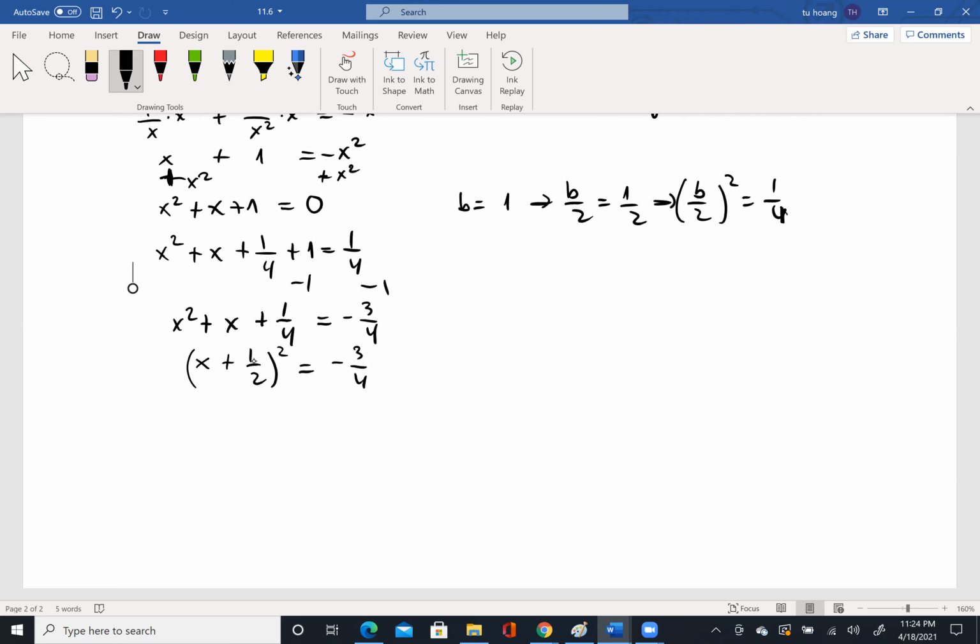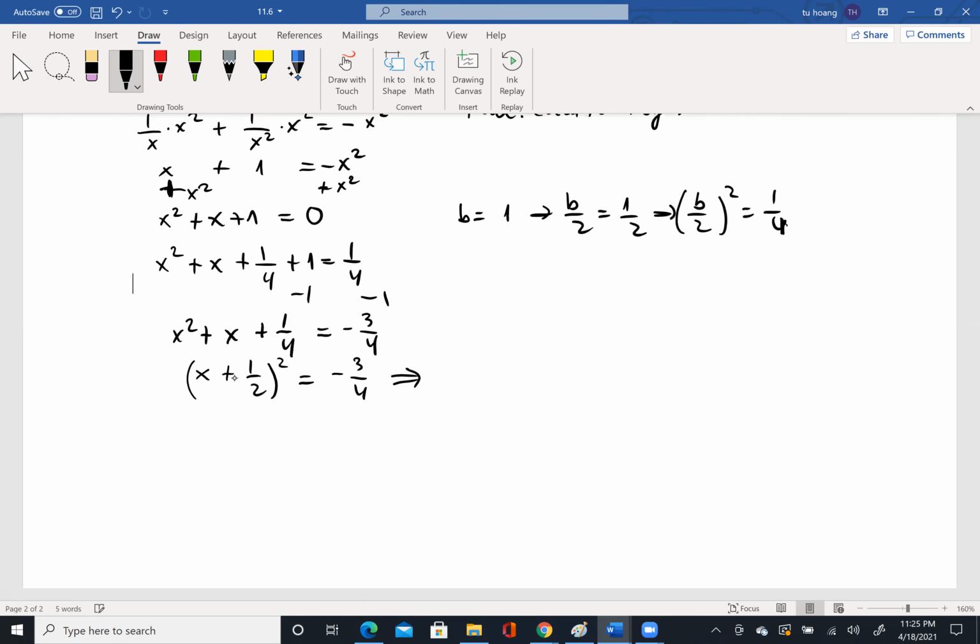And now I can just apply the square root. I have x plus 1/2 equals plus and minus the square root of negative 3/4, which gives me x equals -1/2 plus and minus square root of 3 over 2 i. And that's going to be the answer.